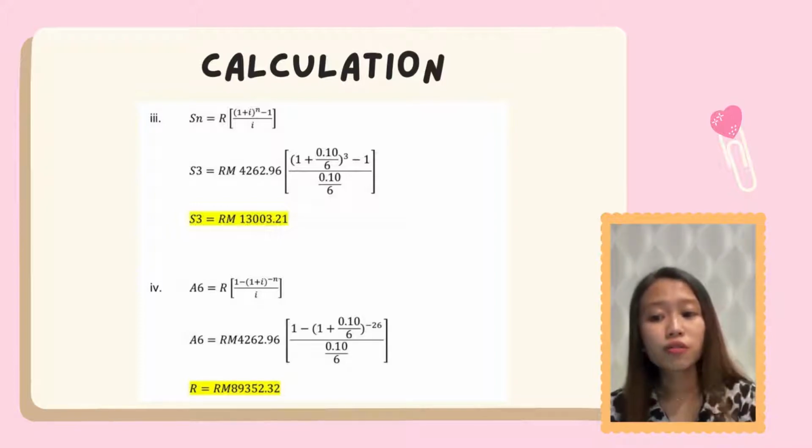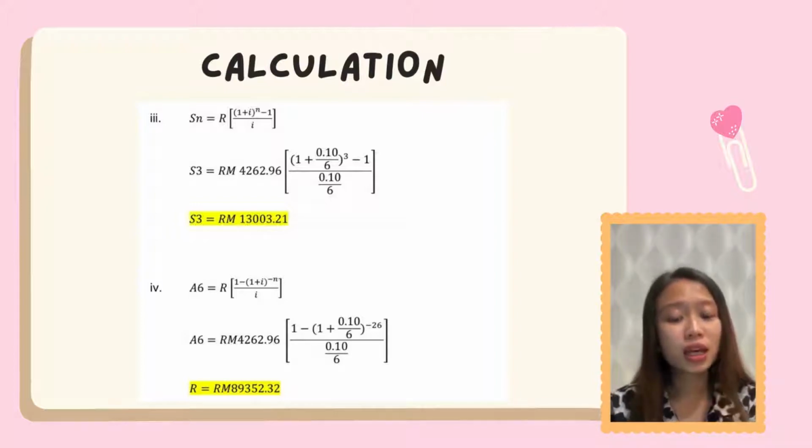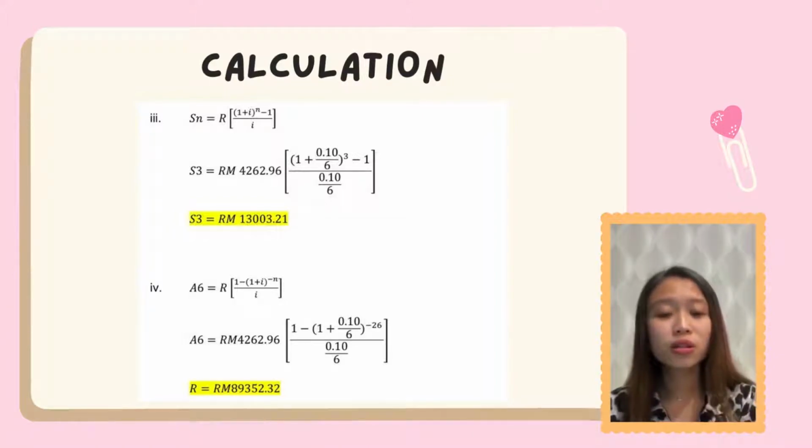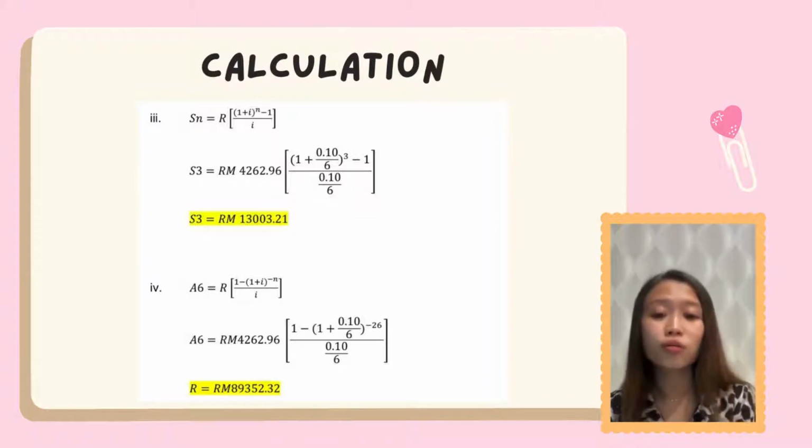So for question 4, question 4 is a special case of paying off debt immediately. We know that the total number of bi-monthly compounding periods is 30. Hence the new n is 30 minus 4 equals 26. Using this new n, we need to find the new present value of the annuity. So the formula is A_26 equals R in bracket 1 minus in bracket 1 plus i to the power of negative n, over i.